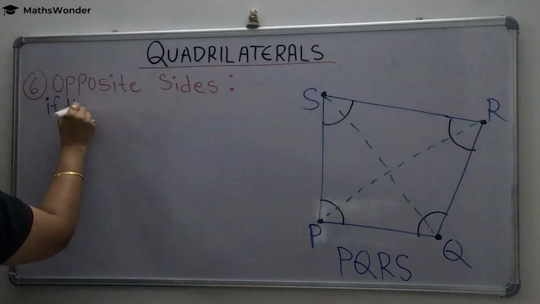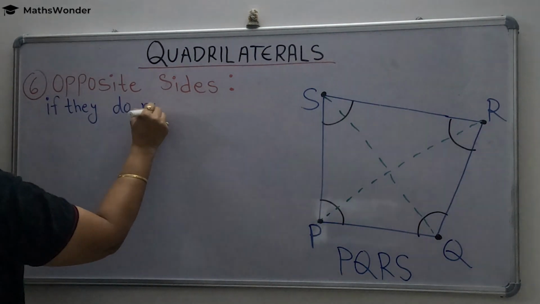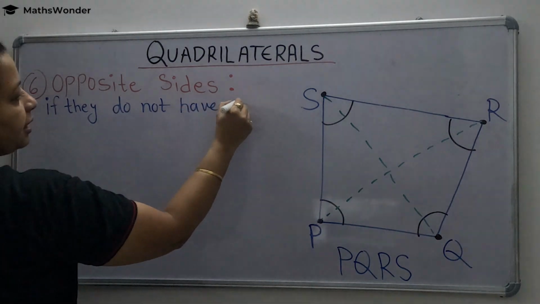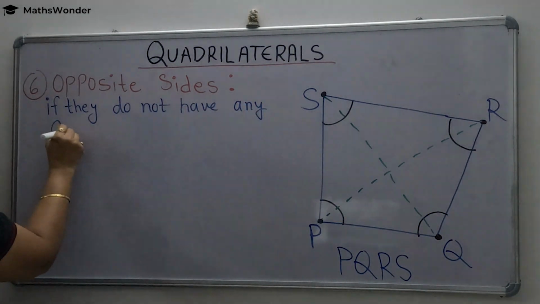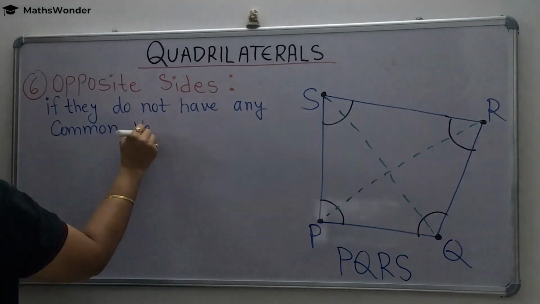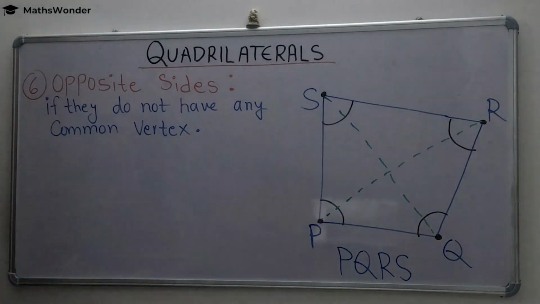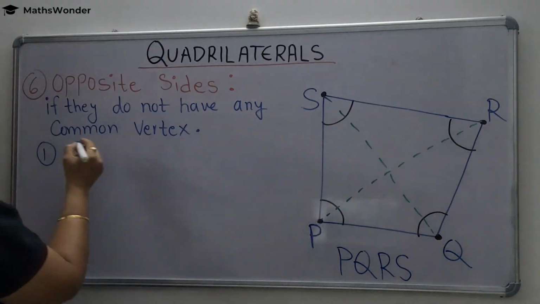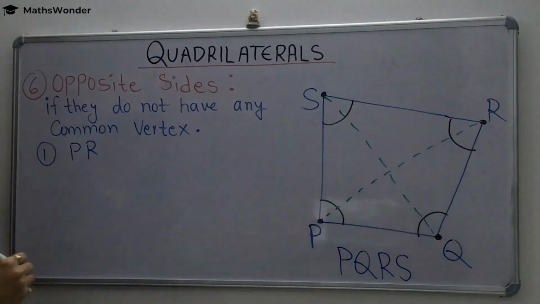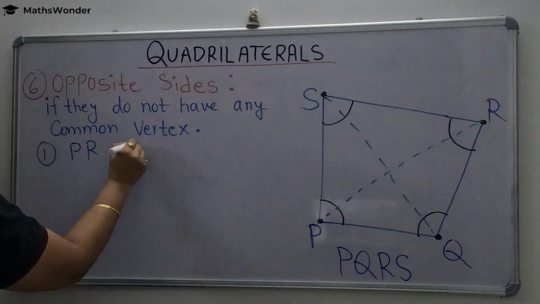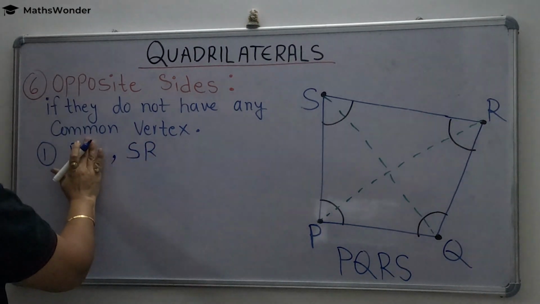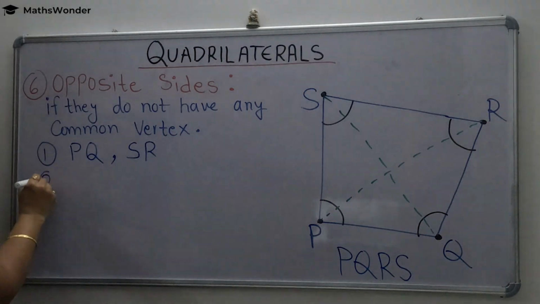If they do not have any common vertex. Which two? Now the first pair of the opposite sides are PQ and SR. Yes, PQ and SR are the opposite sides.